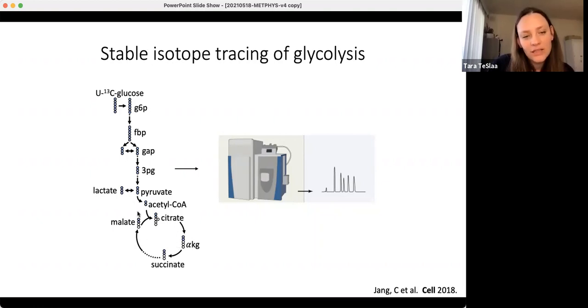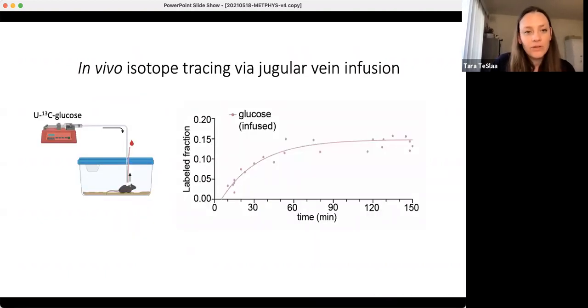We can extract these metabolites, then measure on the mass spec, and for each carbon-13 that is incorporated into the metabolite, we can see a molecular weight shift of 1. And so we can do this in vivo. We do this by intravenously infusing our carbon-13 tracer.